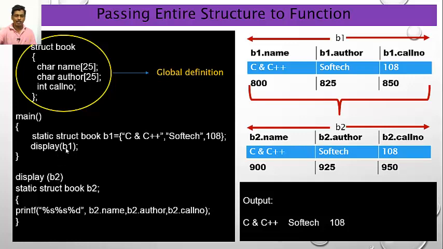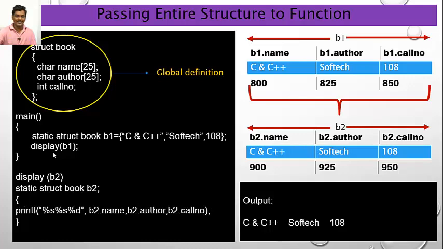So the actual argument is a structure variable, and the formal argument is also a structure variable. If we define it within the main function, it is local to the main function. We can only declare the structure variable within the main function, we cannot declare it outside of the function.